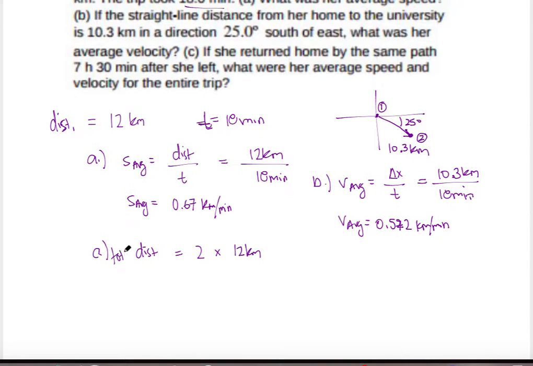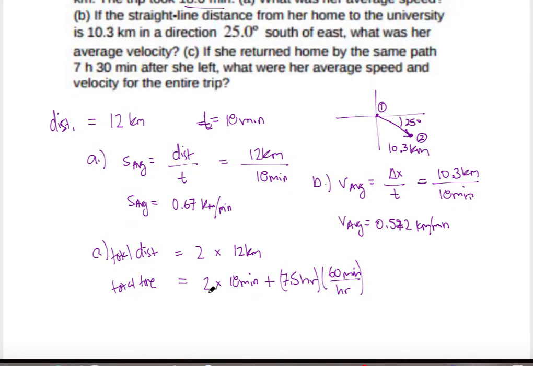So this is total distance. Then the total time is going to be the total time it took the first time, times 2, this is just for the traveling, plus the 7.5 hours, and we need to turn that into minutes. So the way we do that is we say that we have 7.5 hours times 60 minutes per hour.